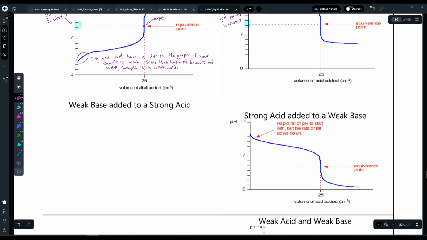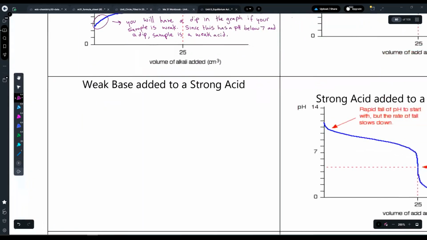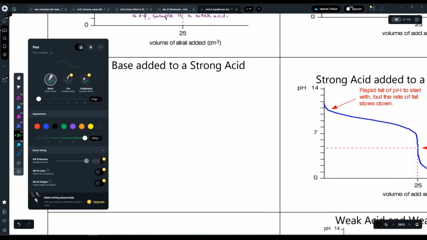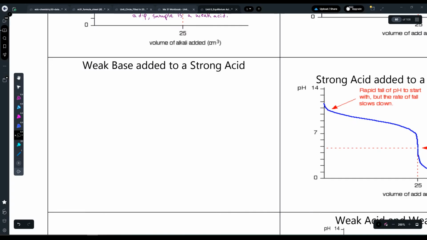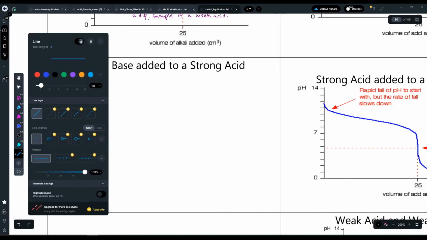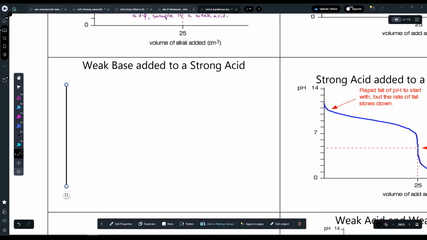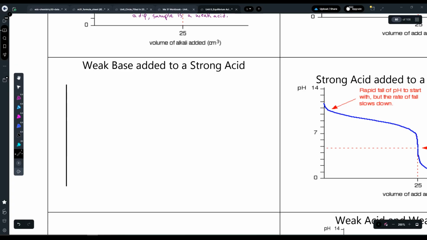Okay, now for a weak base being added to a strong acid, we're going to have to draw our own curve here. So that's a pH of 7.